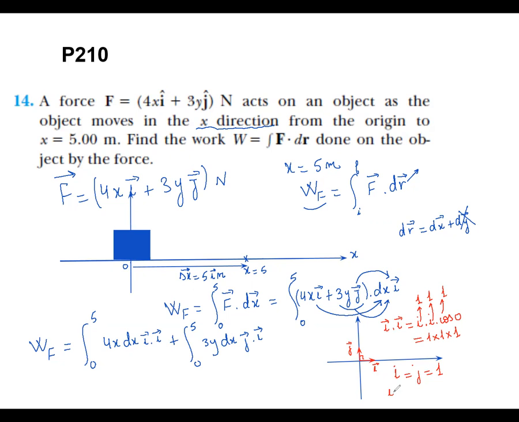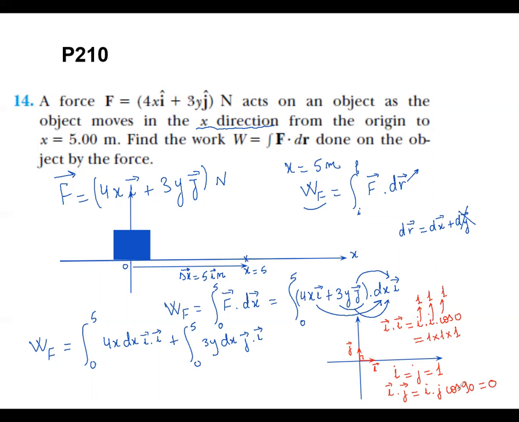Now, i dot j equals the magnitude of i times the magnitude of j times cosine of the angle between i and j. The angle between i and j equals 90. Cosine 90 equals 0. So i dot j equals 0.